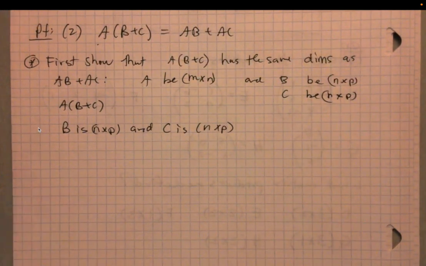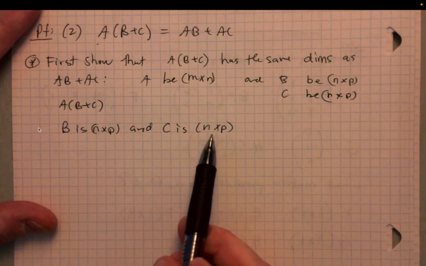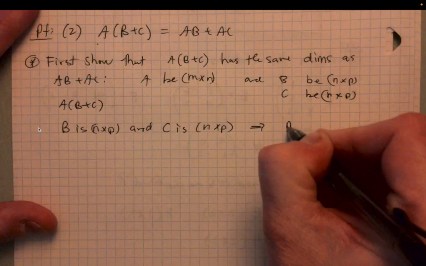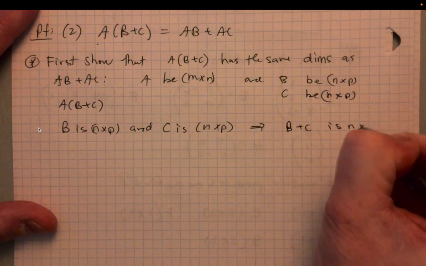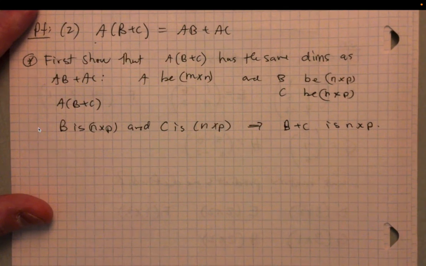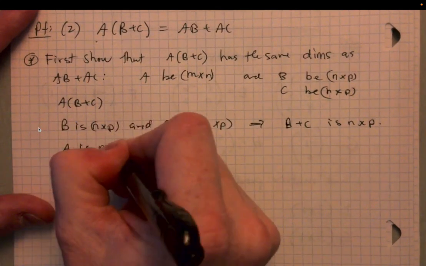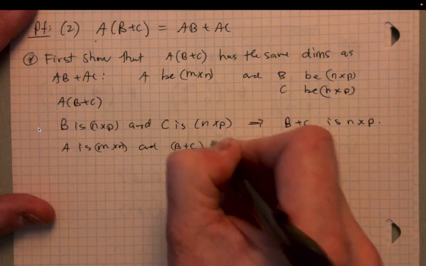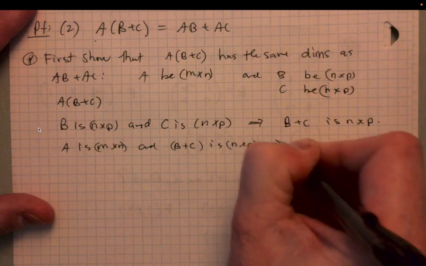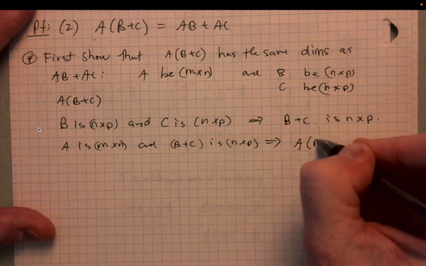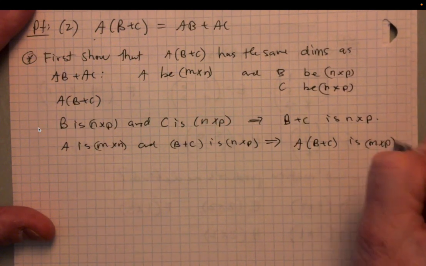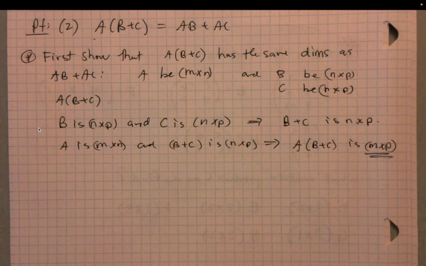So A is m by n, and B and C are both n by p. When I add them together, that implies B plus C is n by p. A is m by n, and B plus C is n by p, as we just showed. That implies that A times (B plus C) is m by p. Okay, perfect.